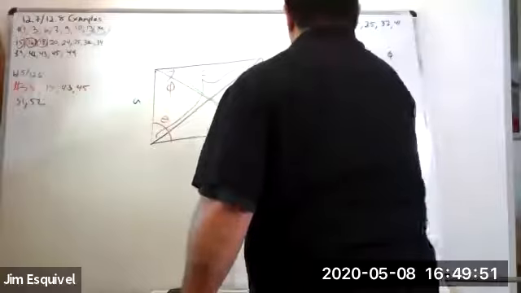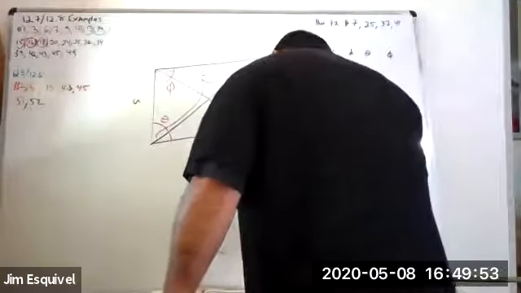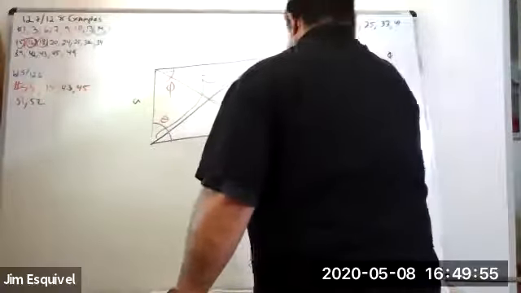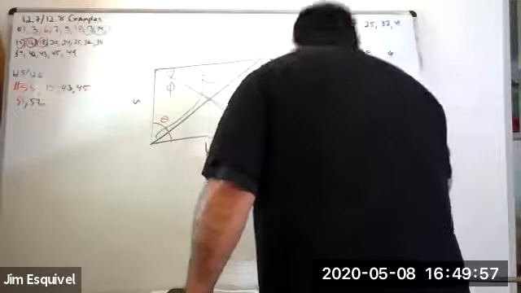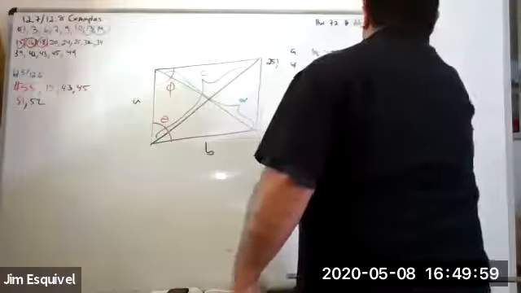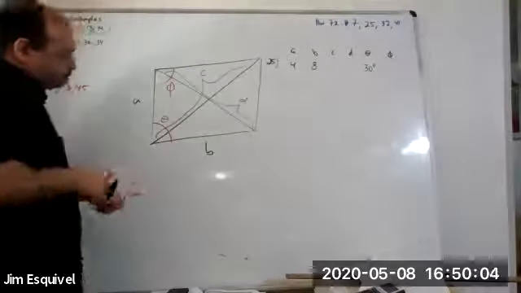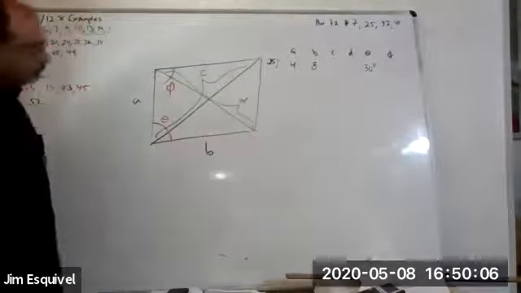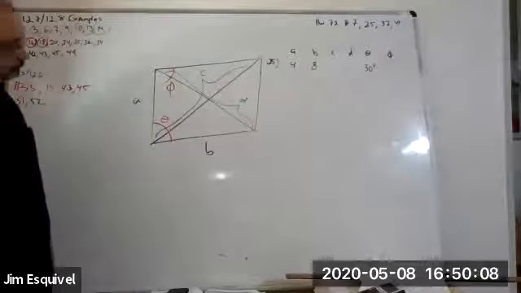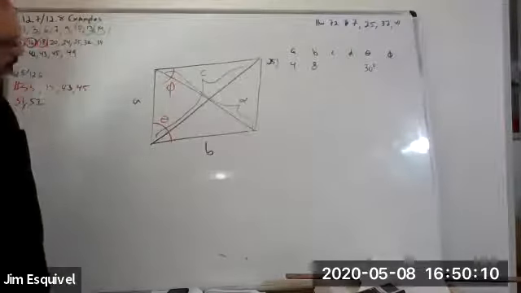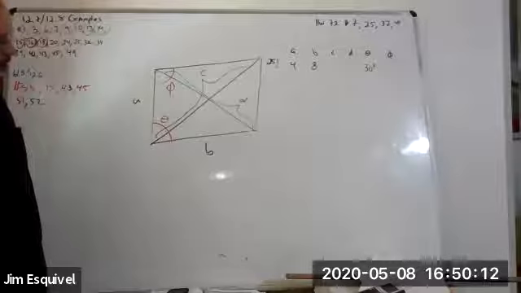A is 4, B is 8, theta is 30 degrees. All right then.